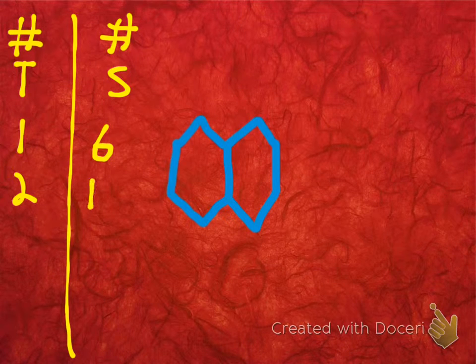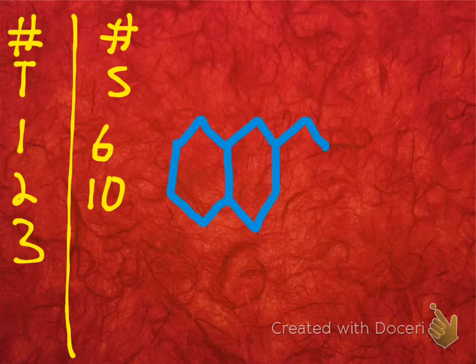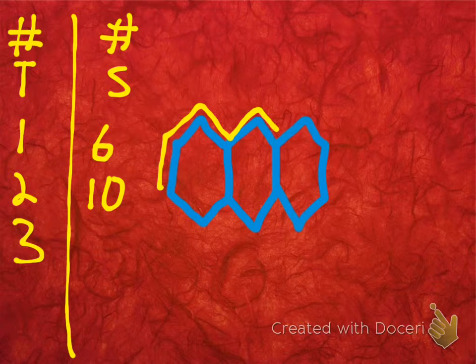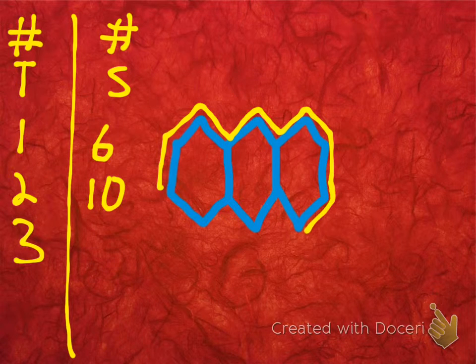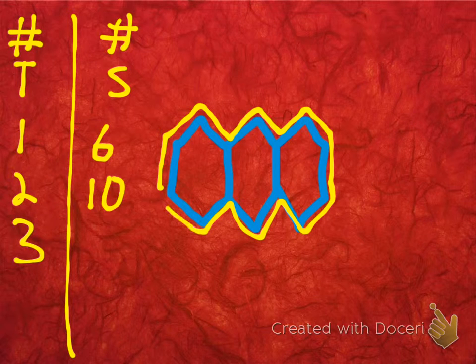There's 10 seats now. Does everybody see why? This will be the most commonly missed question because people will write 12. When there's 3 tables, you've got to be able to count it. 1, 2, 3, 4, 5, 6, 7, 8, 9, 10, 11, 12, 13, 14.